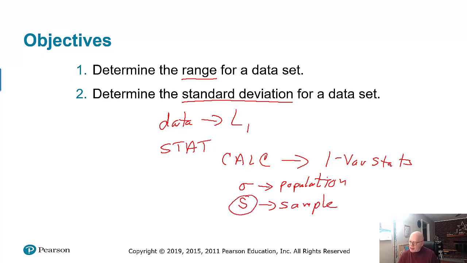So s represents the standard deviation for a sample, which is actually an approximation for what we'd really like, because typically we want to know something about a population. And maybe we can't get information about all the population, so we pick a sample, a good representative sample. Get that standard deviation and say, well, that's probably pretty close to this if I did a good job of creating a sample.